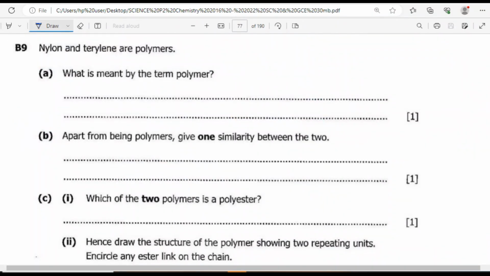So now we have here nylon and terylene are polymers. What is meant by the term polymer?